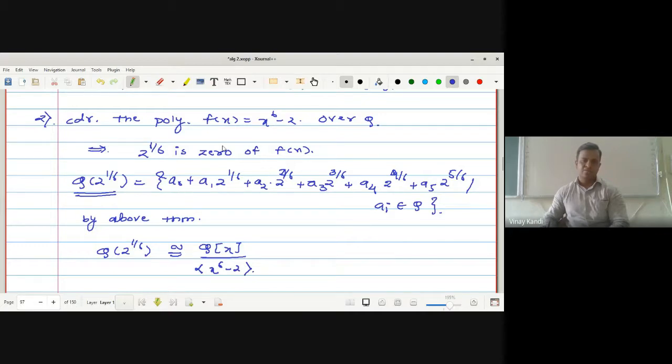Okay, f of x comes out, ideal generated by this polynomial x raised to 6 minus 2. Okay, so what is the nature of this set? p of x plus ideal generated by x raised to 6 minus 2, such that this p of x belongs to capital Q of x.